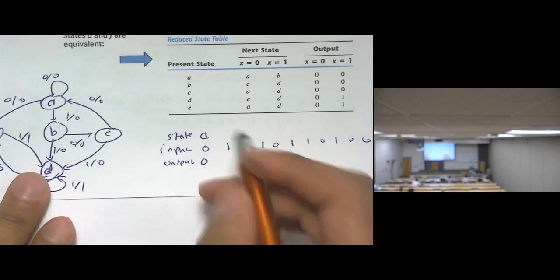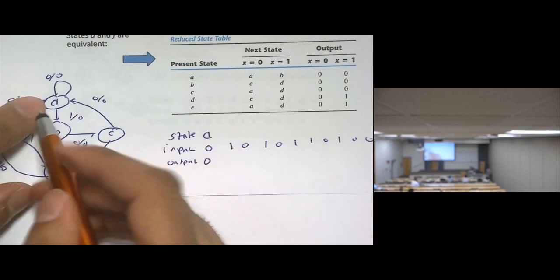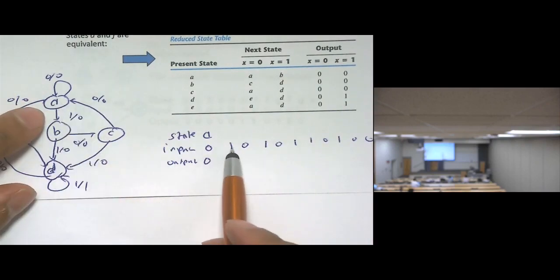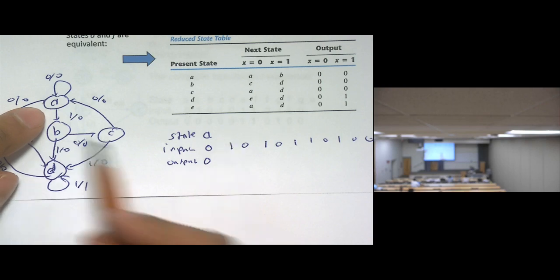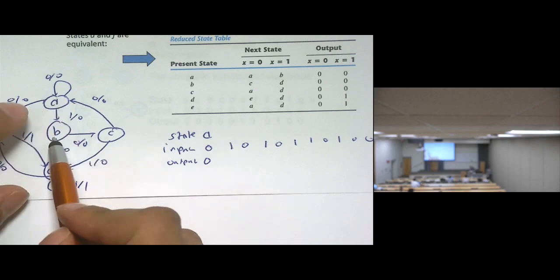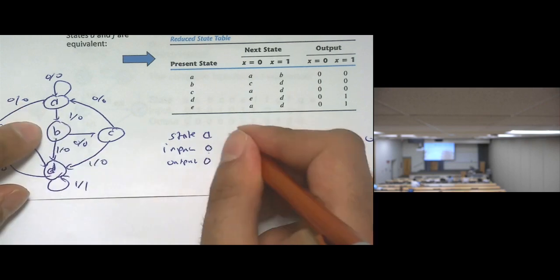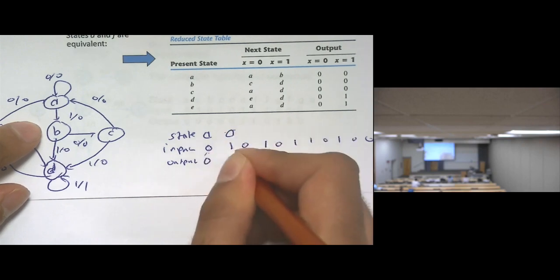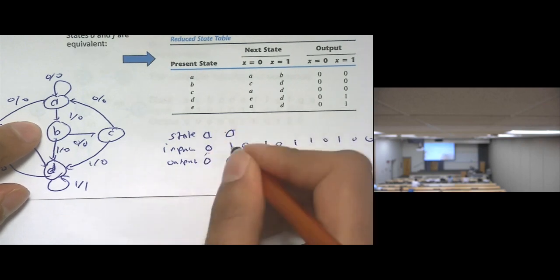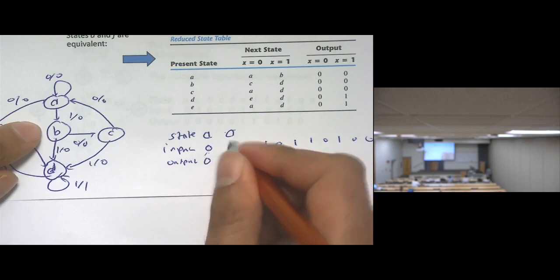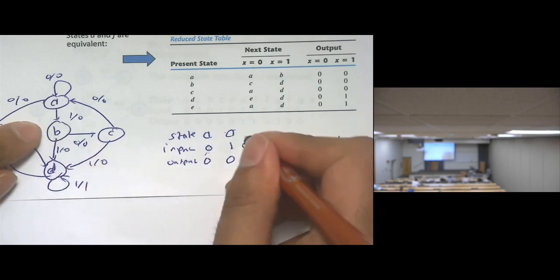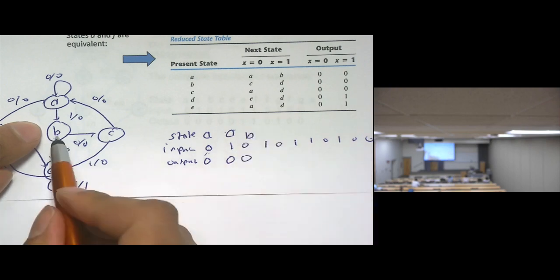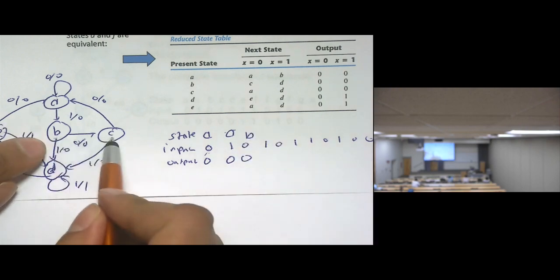Okay, so we are at state A. Here the input is 0, I will remain at A, because the next state will be A, and the output will be 0. Now the input is 1. When the input is 1, I will go to B, and the output is 0. Now I'm at B, the input is 0. Where should I go?